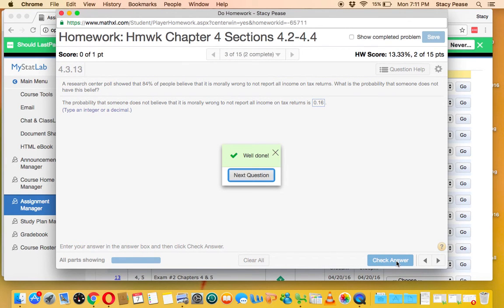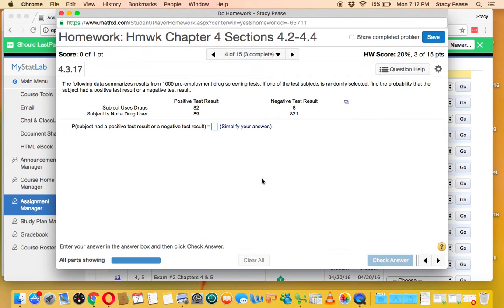It is. So again, for this question, you needed to find the percentage of people that did not believe it's morally wrong, and then you need to divide that percentage by 100 to turn that into a true probability, which is always a decimal. Okay, let's move on to the next question.